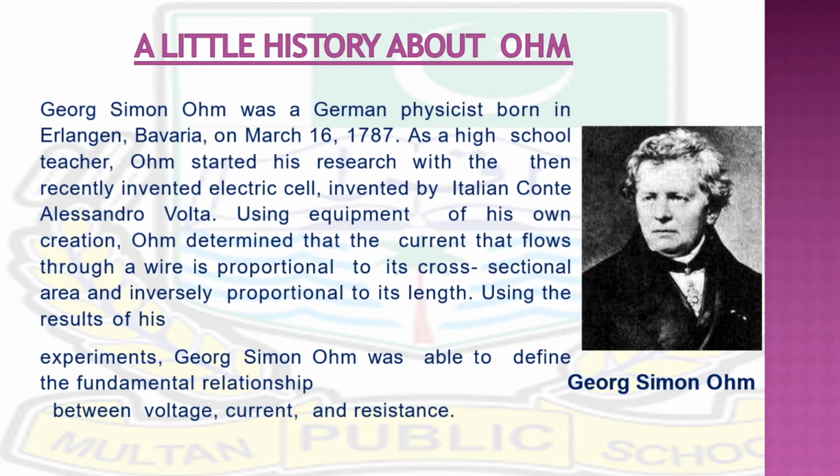Using equipment of his own creation, Ohm determined that the current that flows through a wire is proportional to its cross-sectional area and inversely proportional to its length. Using the results of his experiments, George Simon Ohm was able to define the fundamental relationship between voltage, current, and resistance.